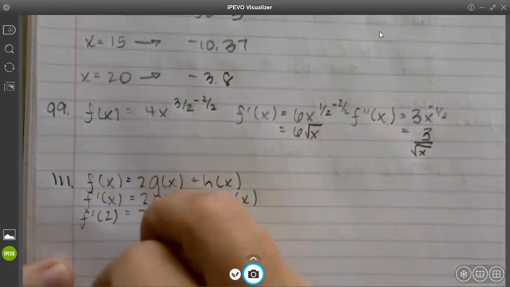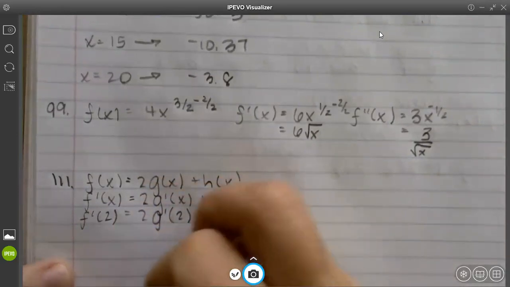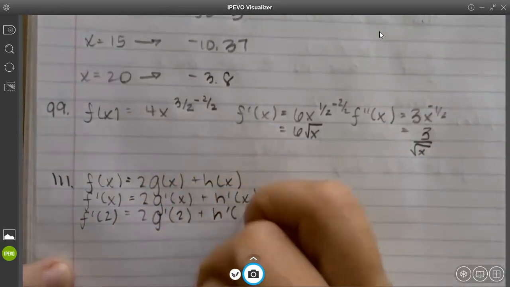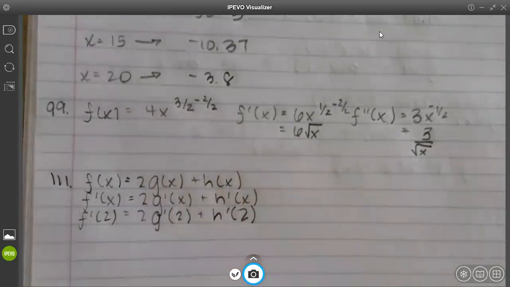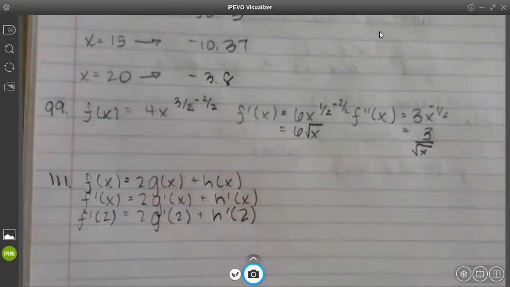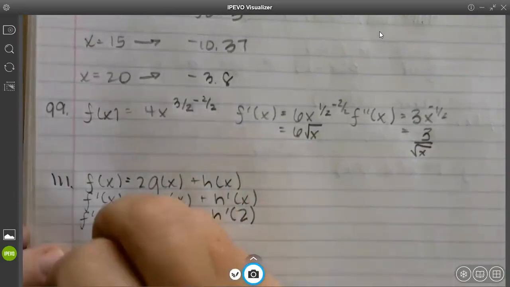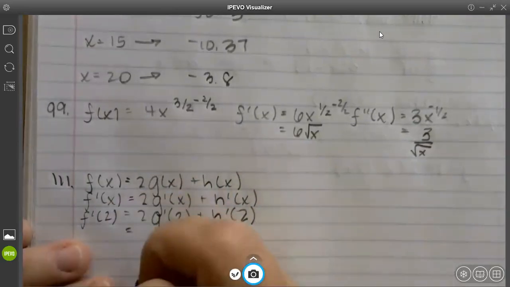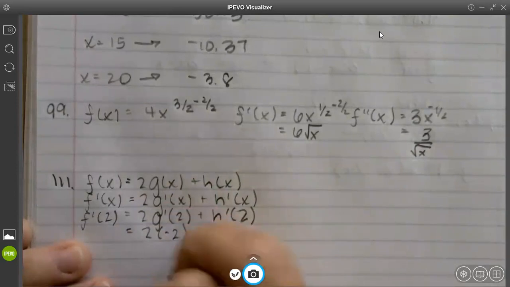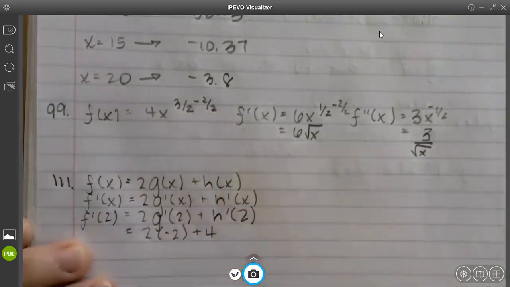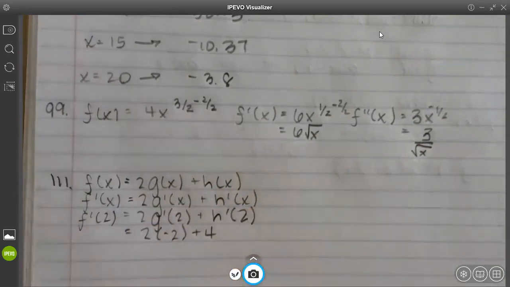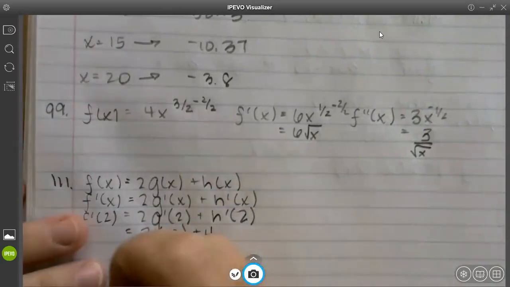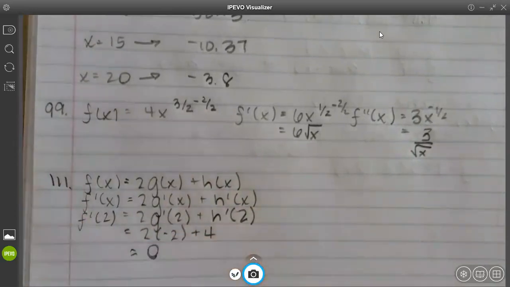So the way you do that is you use h prime of 2 and g prime of 2. Right? You get 2 times -2 plus 4. Again, the -2 and the 4 were given to you. That's not something that I just pulled out of my hat. And then it gives you 0.